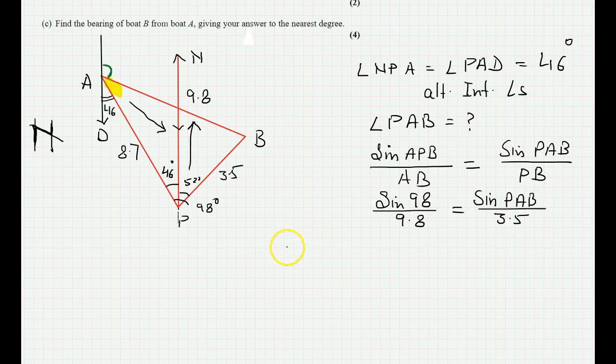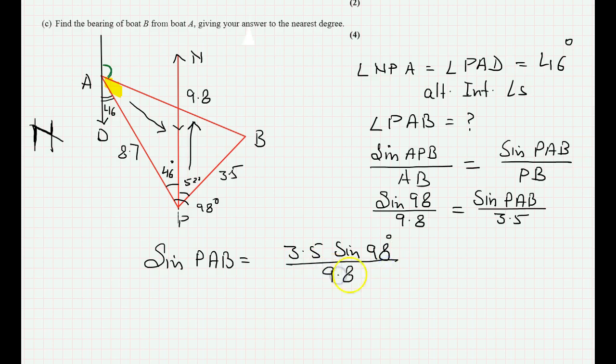So sine PAB is equal to 3.5 sine 98 over 9.8. That will be 0.383981.